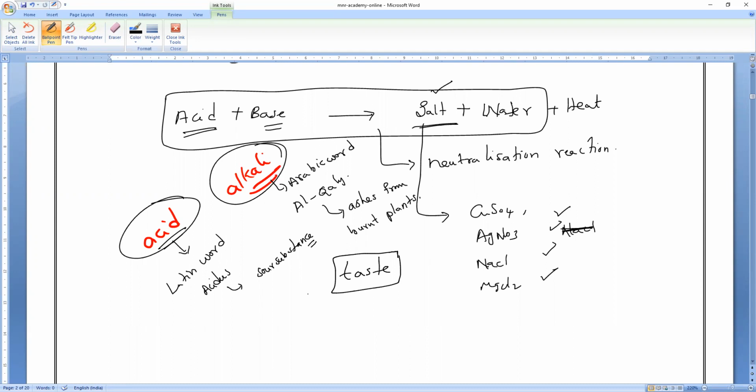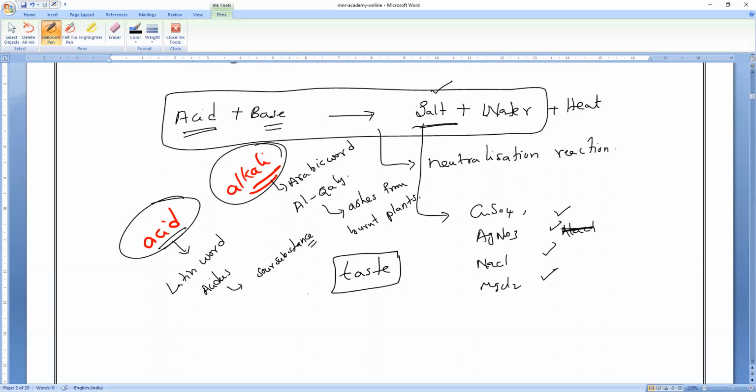So the substances can be identified by their characteristic properties. All the acids, all the bases, and all the salts have their own unique characteristics.